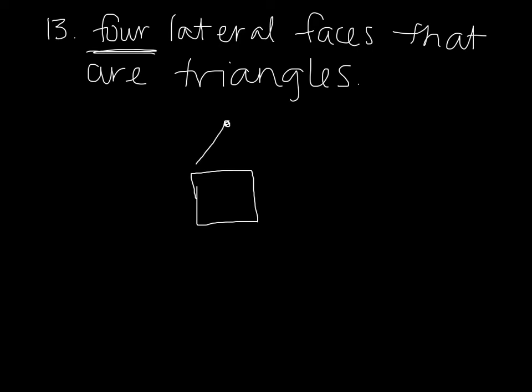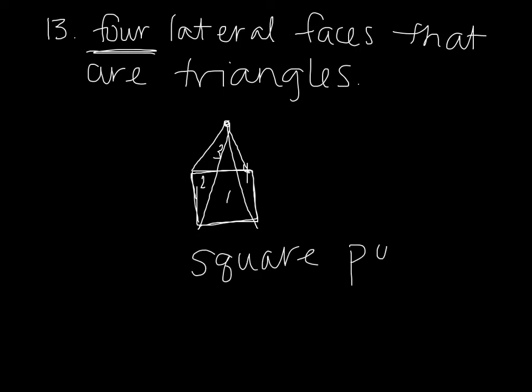So let's see, if I make 1 triangle here, 1 triangle in the back, 1 triangle on the side, 1 triangle at the front, I'd have 4 lateral faces that are triangles. So what is our base? Our base is a square, and this would be a pyramid.